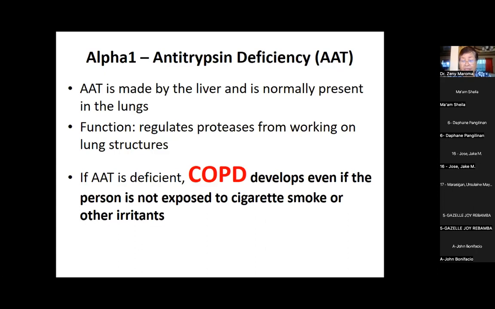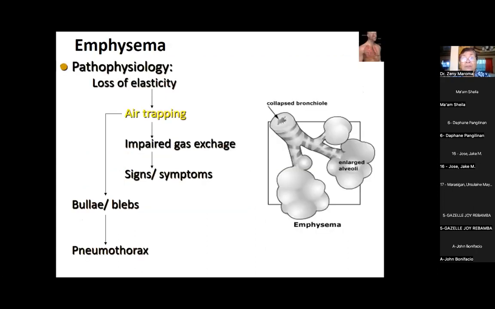Nagkakaroon ng over distension of the alveoli at retention of carbon dioxide. Again, because of deficiency of alpha-1 antitrypsin, nagkakaroon ng disequilibrium between elastase and anti-elastase. Kaya nasisira ang lung structure.